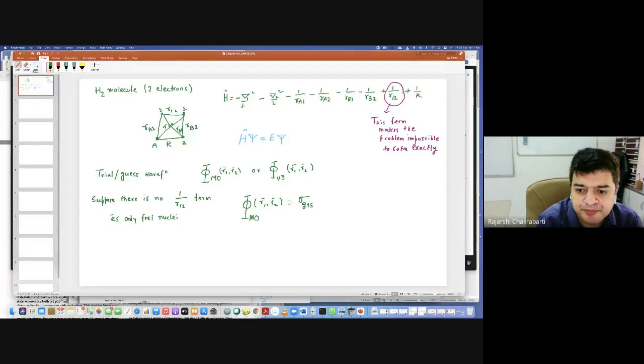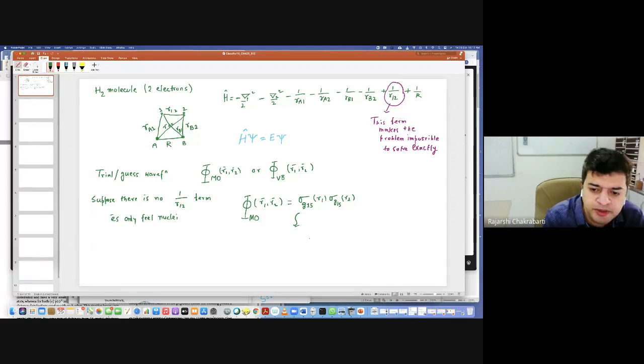Remember the expression for sigma g 1s? It is going to be 1 by root 2 into (1 plus S), into e to the power of minus r A1 plus e to the power of minus r B1.